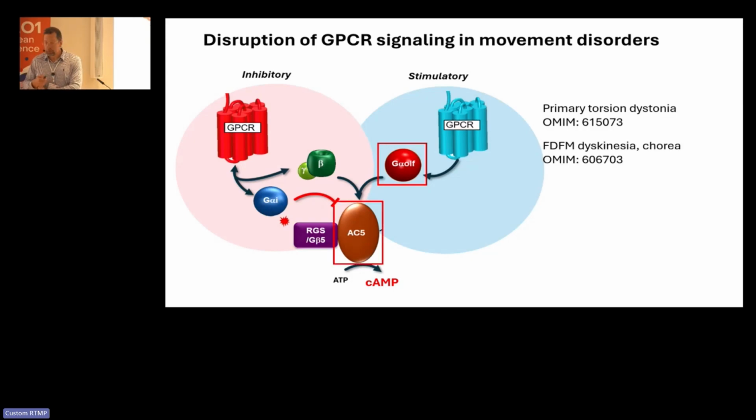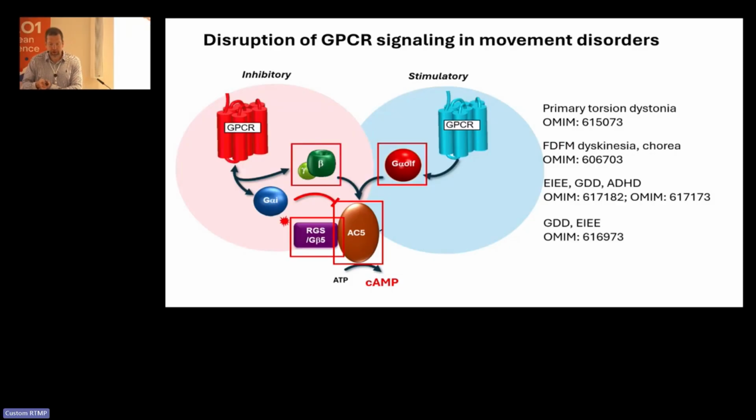Then subsequently mutations were identified in the key enzyme that generates cyclic AMP. There are also mutations in the RGS deactivation complex that contribute to much of the similar phenotypic manifestations. And also mutations in the G-beta subunits directly contribute to the disorder. And finally, recently, mutations in the inhibitory G-alpha-I also cause very similar dysfunction.